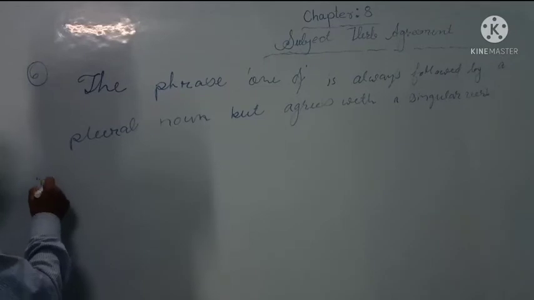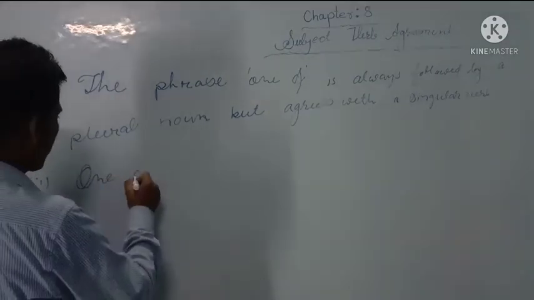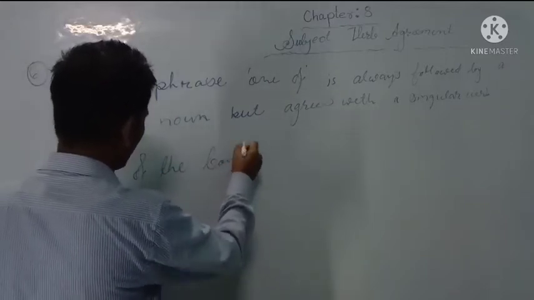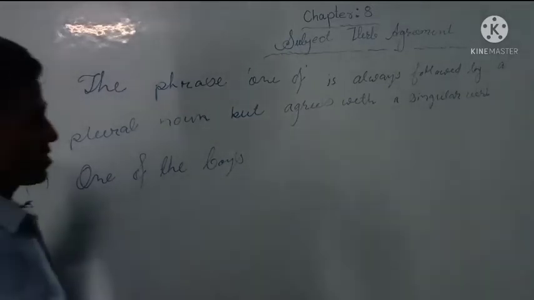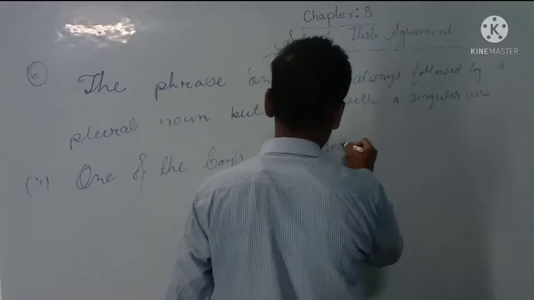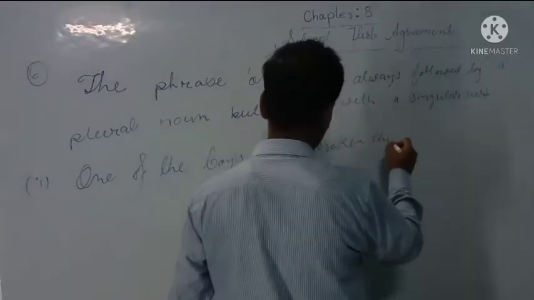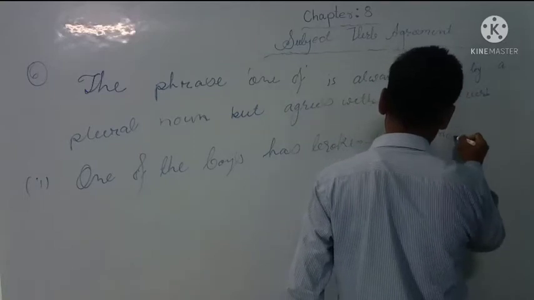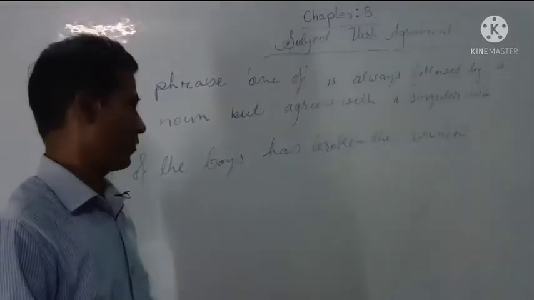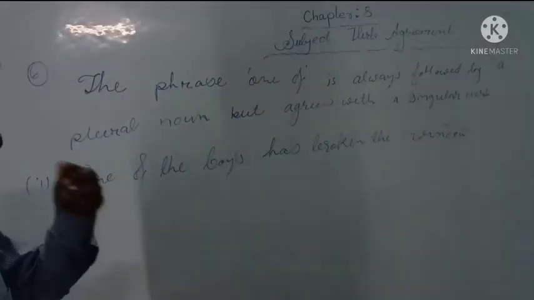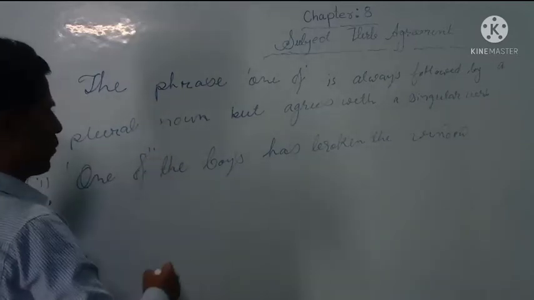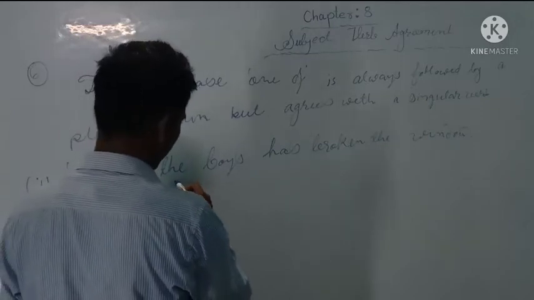Say for example, one of the boys has broken the window. When you say one of the boys has broken the window, in this sentence the phrase one of is followed by a plural noun, that is boys.